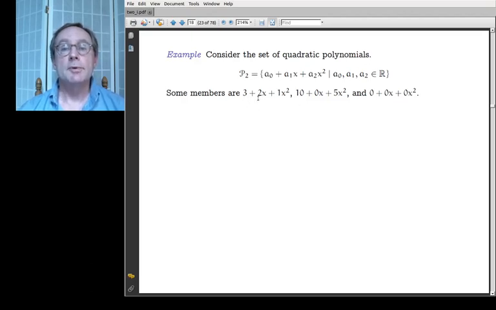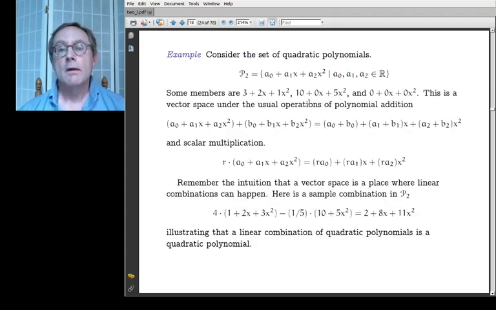If you have 3 plus 2x plus 1x squared and 10 plus 0x plus 5x squared, it makes perfectly good sense, and is perfectly algebraically sensible, to take 5 times the first and subtract 7 times the second and figure out what you get. And of course, we have to check that what you get is indeed a quadratic. So we know how to add quadratics. If you take a first quadratic and a second quadratic, you add them component-wise.